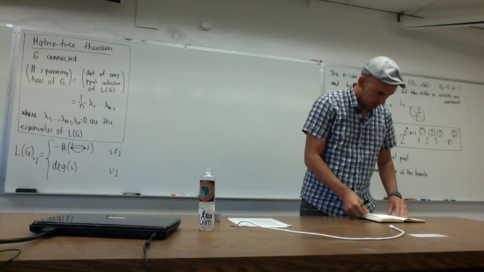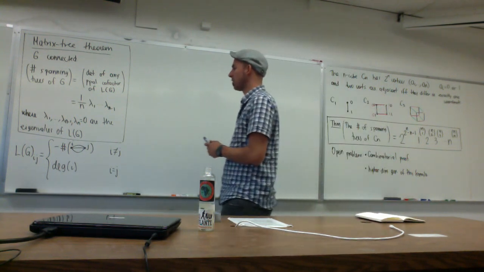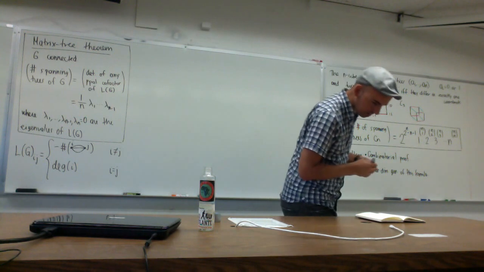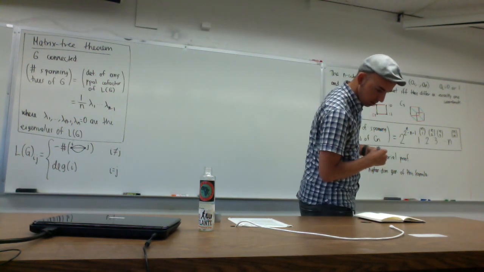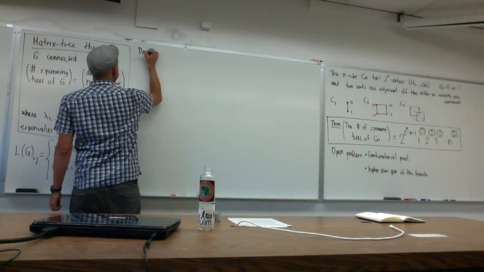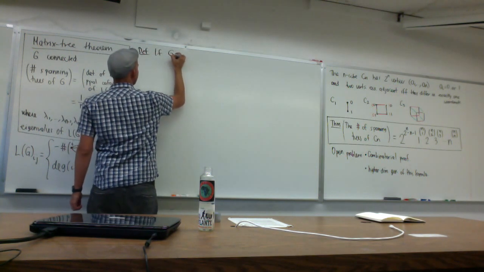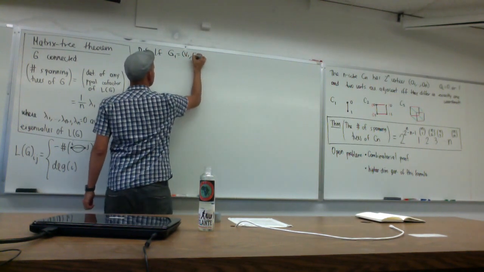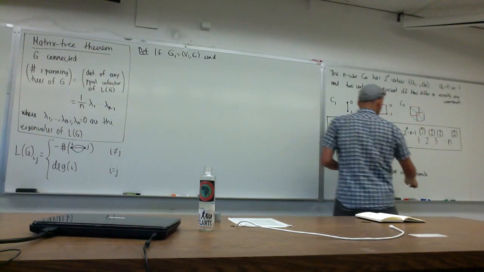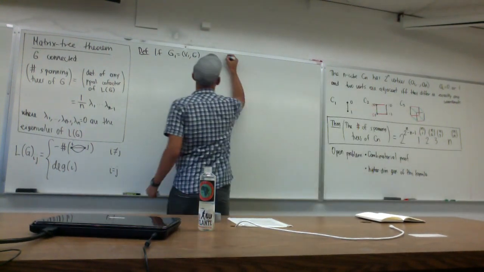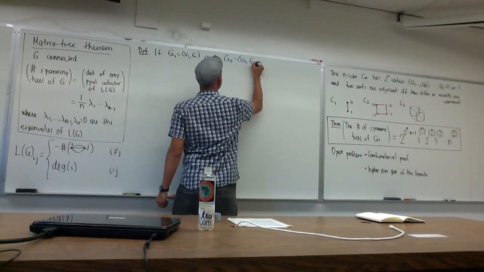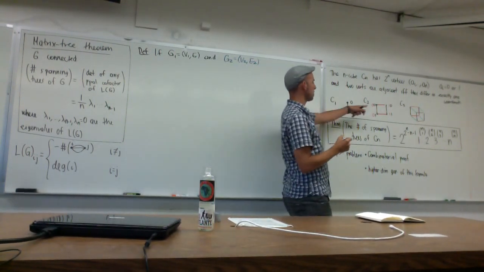Okay, so how are we going to prove this? Here's the definition. If I have two graphs, and maybe I'm going to try to distinguish their colors. So you should be thinking of something like what I'm doing here.